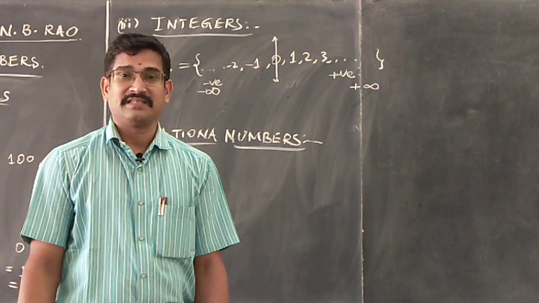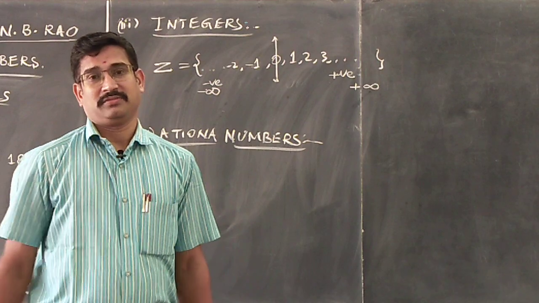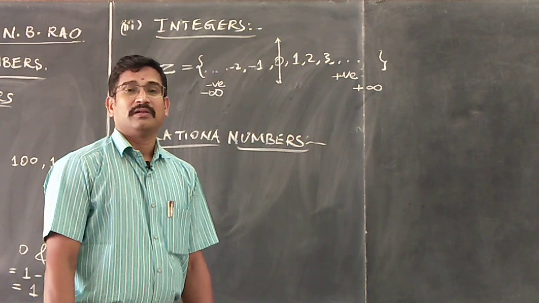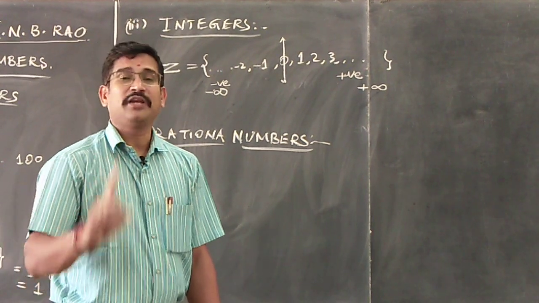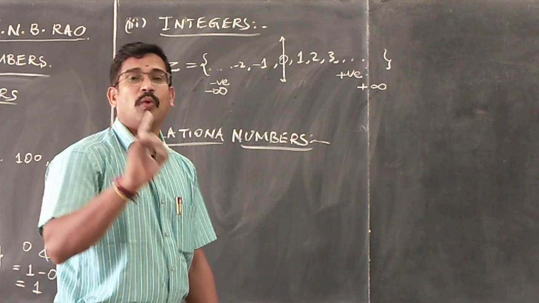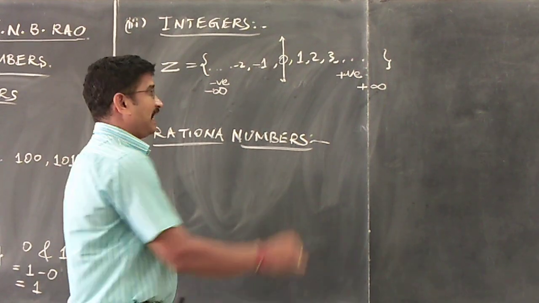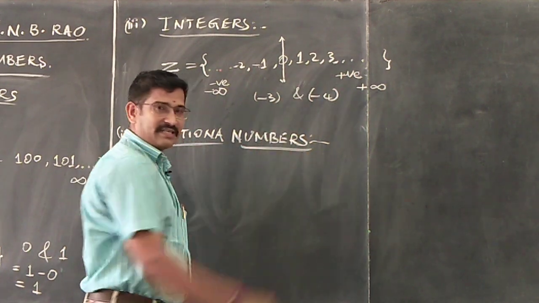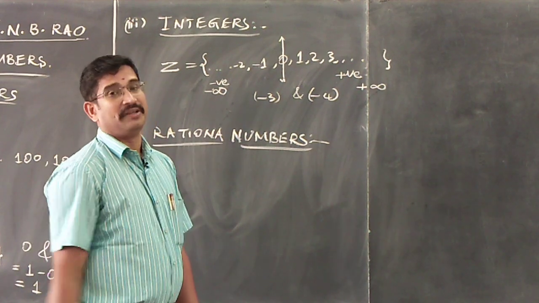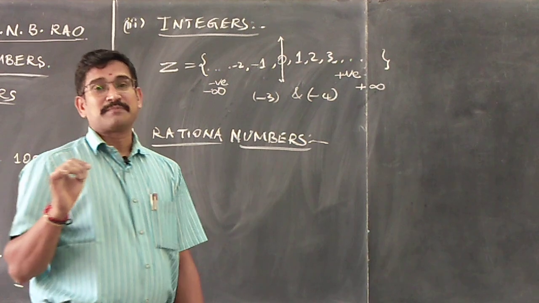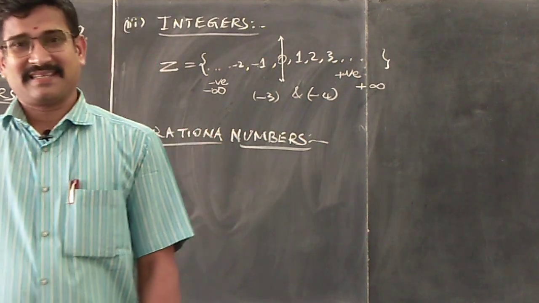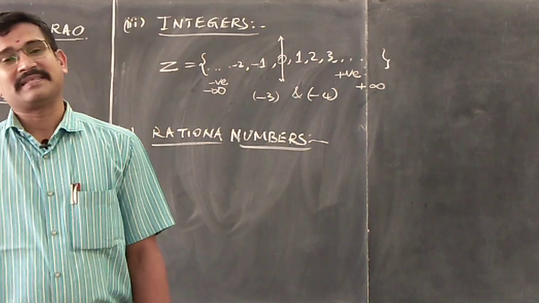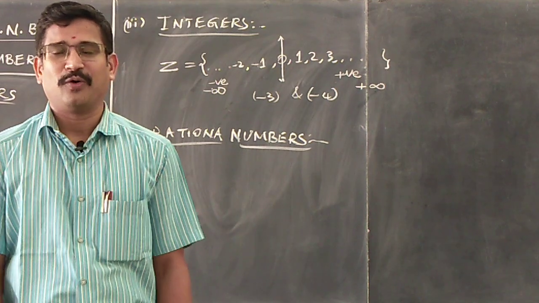Whatever the numbers in the integer set, they are all full in nature, which means here also the difference between any two continuous integers is 1. If I take minus 3 and minus 4 as two continuous integers, what is the smallest integer amongst minus 3 and minus 4?